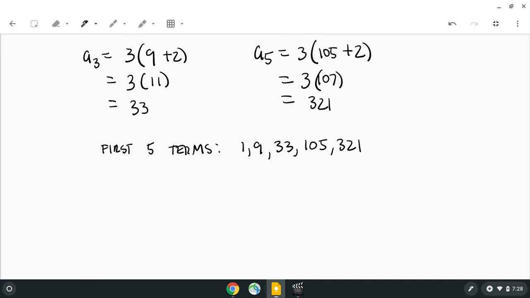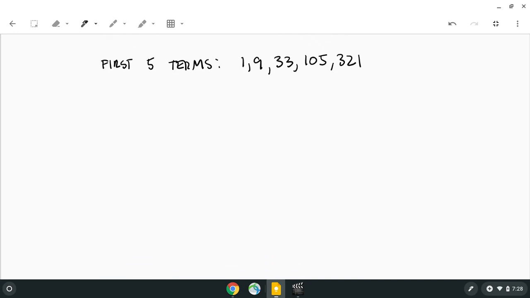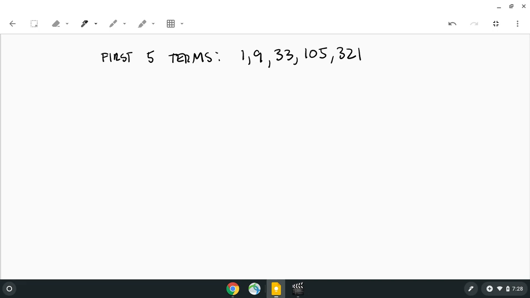Okay, there's also another sequence that's a very famous one. It's a recursive sequence, and it's called the Fibonacci sequence. We are going to find the first 11 terms.